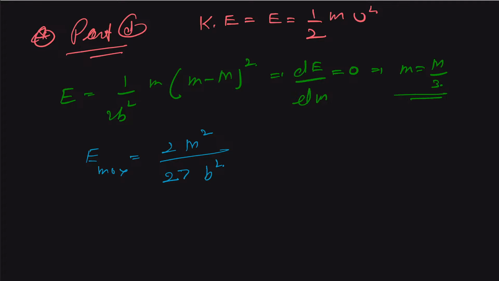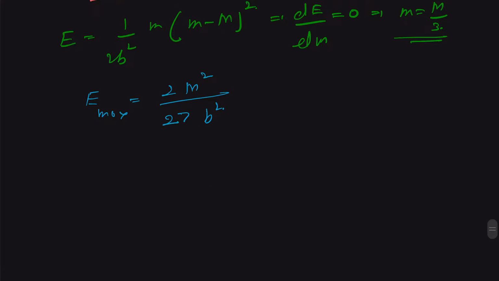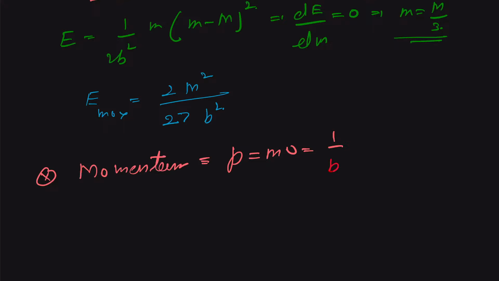And now we come to momentum, part E. These are small calculations, nothing much is there. So we have our momentum, and that is our P is equal to mass into velocity, or we can say 1 upon b times m times capital M minus m.